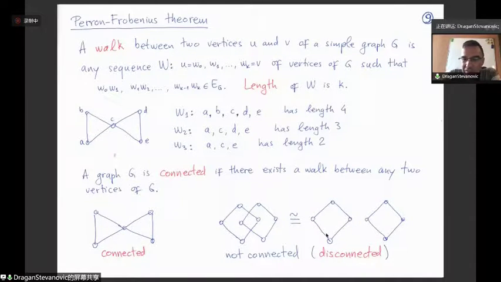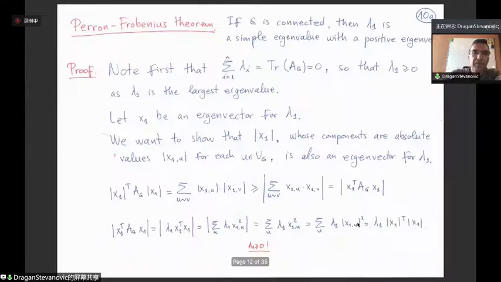So all our walks will be limited to just one of these cycles. These maximum connected subgraphs are called components. So this graph has 2 components, and what our Perron-Frobenius theorem wants to work with are connected graphs.